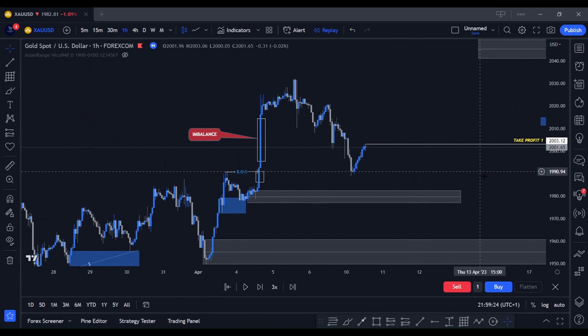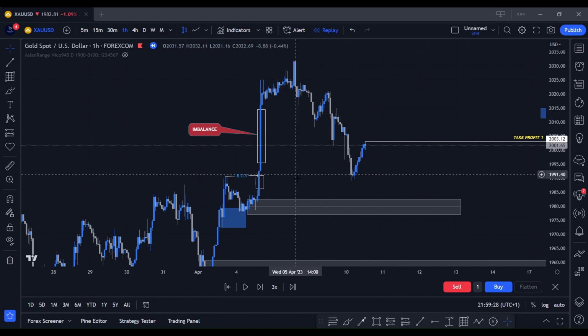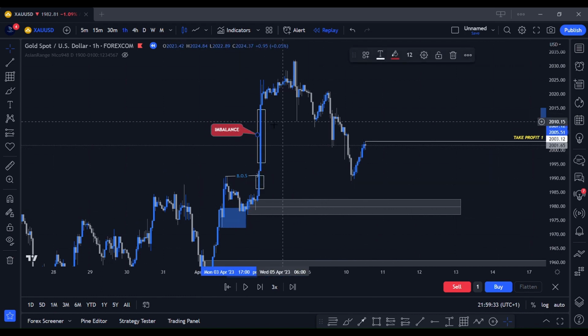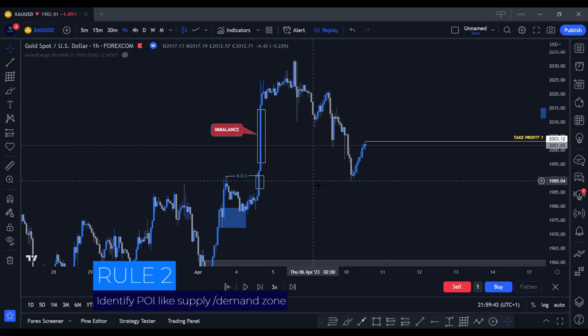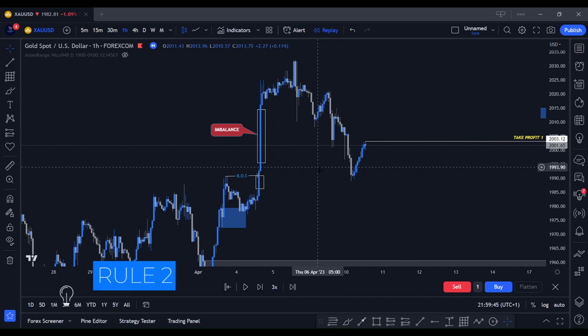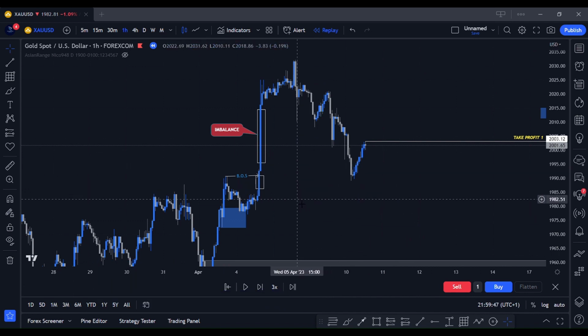But anyways, back to the chart. As we can see, I've identified a fair value gap or imbalance here, and an imbalance here as well. What that means is that we have to find an area that price would normally use as a reference point to come and bounce off before pushing up to the upside to continue the trend.